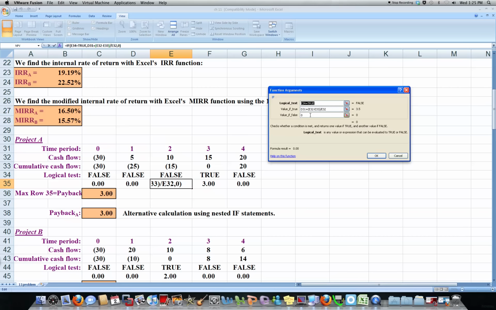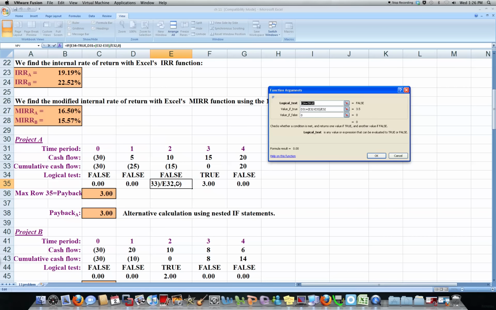Otherwise, it's going to be false. Now, if it's true, like it is right here, it's going to do this calculation right here. Otherwise, it's going to put 0 in.